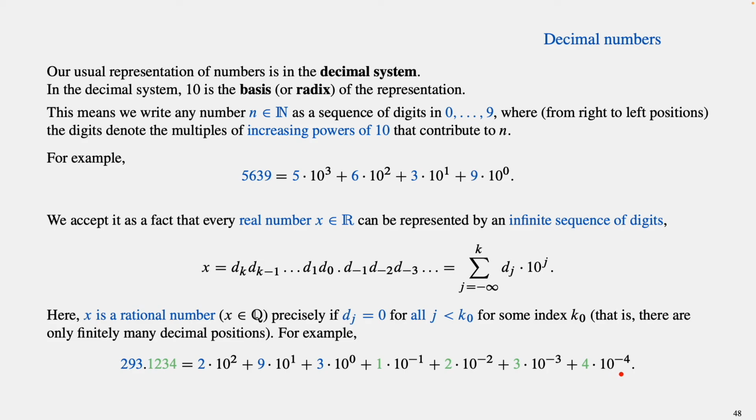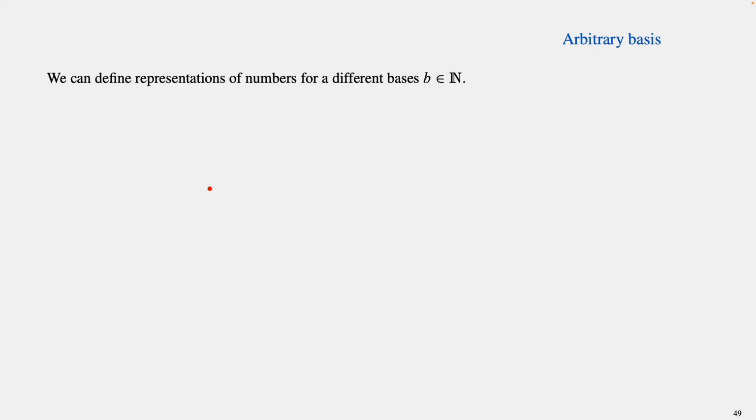And this is how the decimal representation works for fractions. We can define representations of numbers for different bases b, not just b equal to 10, but in principle for any number, by just using the same principle.